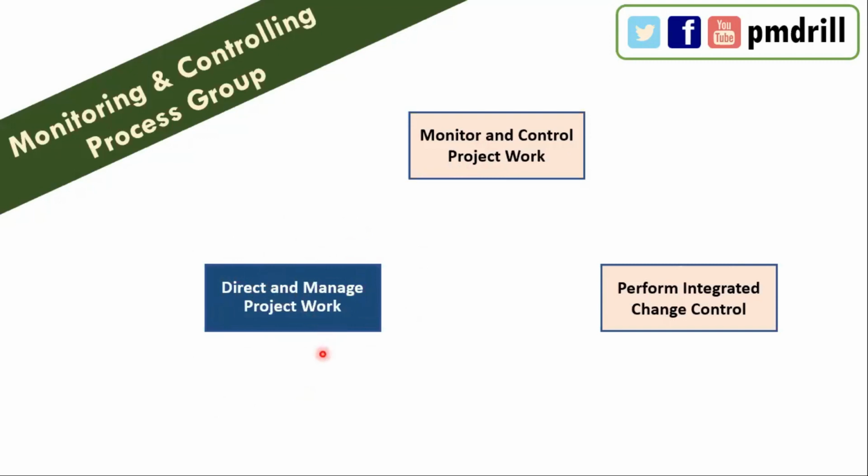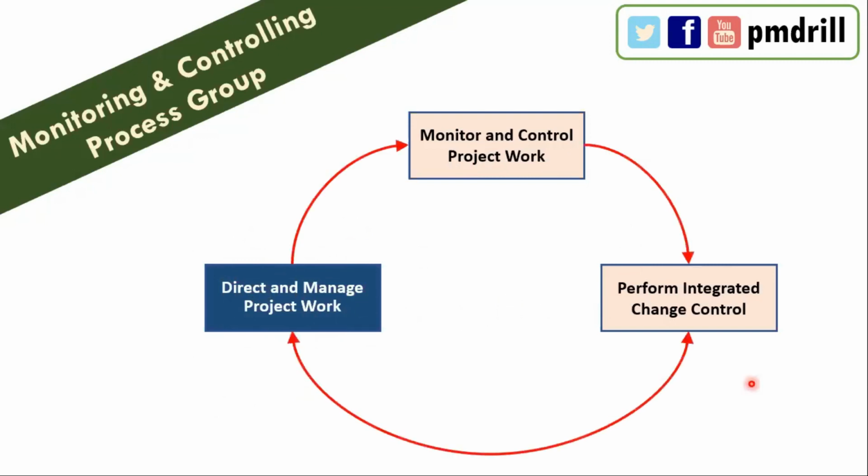Now this video is all about how these three processes are going to interact and how they are going to use the other monitoring and controlling processes to get the work done. You can see here, there is a lot of interaction between these processes. Direct and manage project work will give inputs to monitor and control project work and to perform integrated change control, and these two are connected.